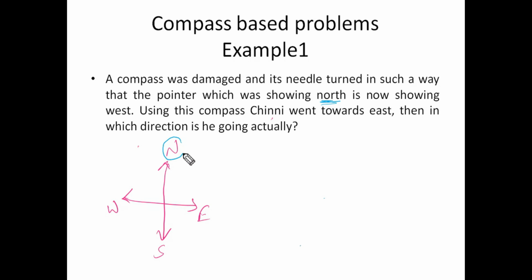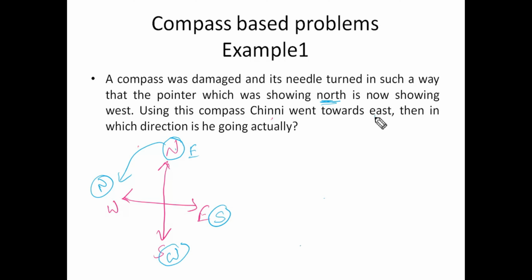That means the set is rotated 90 degrees in the anti-clockwise direction. This complete set of pointers is rotated 90 degrees anti-clockwise. So if north is rotated here, then automatically west will be here in the new damaged compass, south will be here, and east will be here.